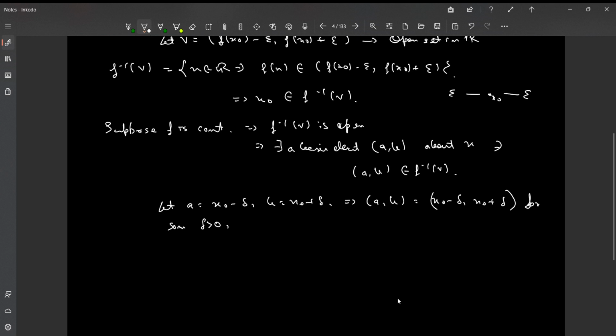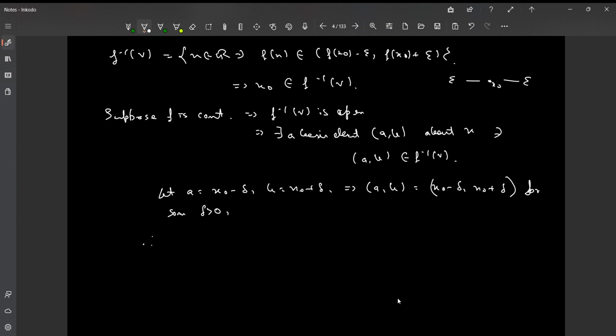But doesn't this immediately imply that whenever an element x is inside this interval (x naught minus delta, x naught plus delta), then f(x) must be in the interval (f(x naught) minus epsilon, f(x naught) plus epsilon), right?